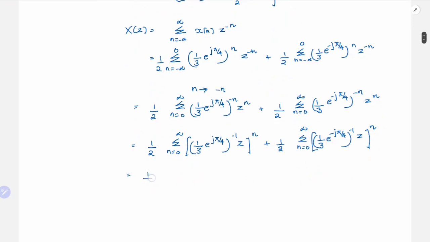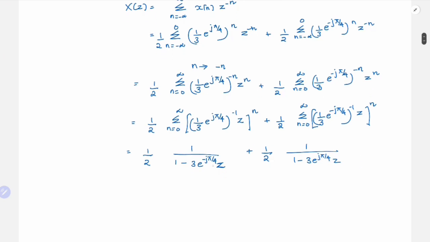So this is sum of GP. So it will be 1 by 1 minus r, because a is 1 anyway and your r is this term. So 1 minus r will be, so inverse of this is nothing but 3 e power minus j pi by 4 z plus 1 by 2 into 1 by 1 minus 3 e power j pi by 4 into z.